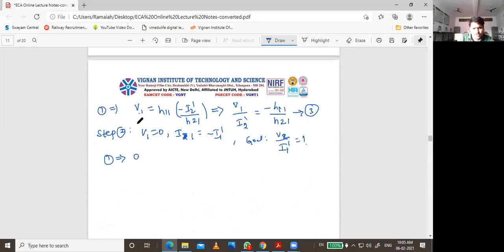V1 equal to 0 is equal to H11 I1, but this I1 is equal to minus I1 dash, so minus H11 I1 dash plus H12 V2.